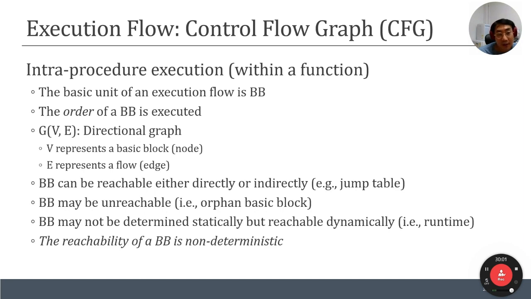And a control flow graph is a directional graph. So from one basic block, you go to another basic block, it has a direction. And if you draw a graph with vertices and edges, the edge represents a flow, whereas the node represents a basic block.